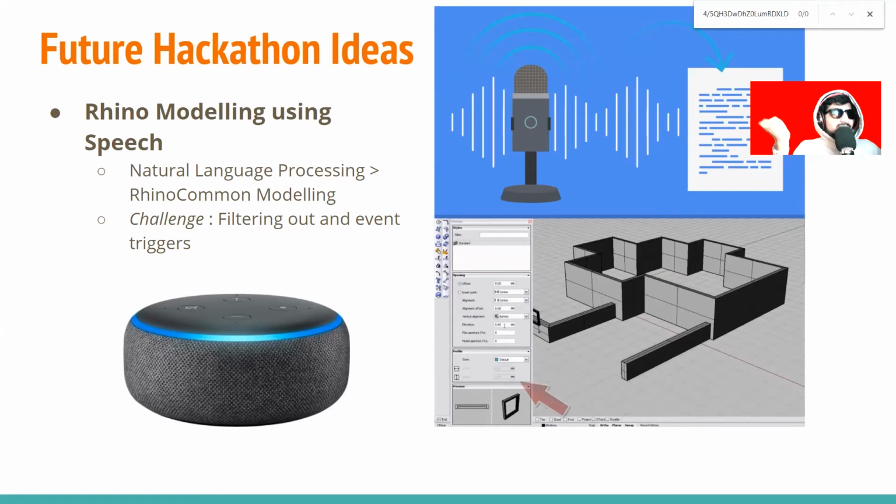The challenge for this workflow I foresee would be to filter out words and decide what kind of event triggers would be there. But one can just say, hey Rhino, build a wall of this dimension at this location, and this algorithm would be able to perform that operation.